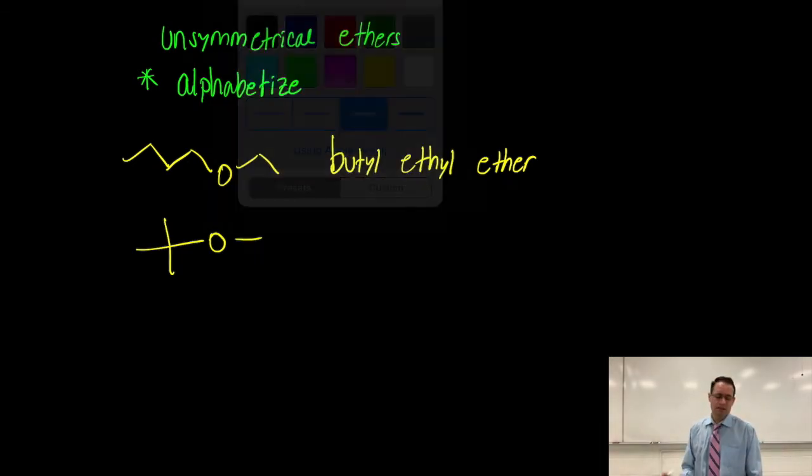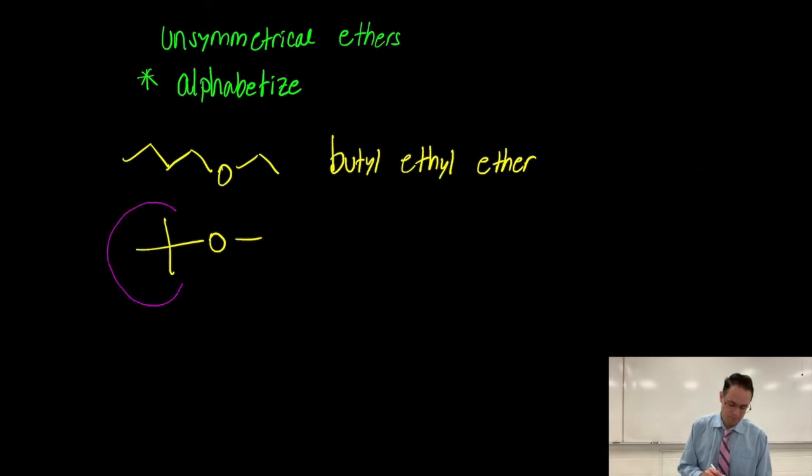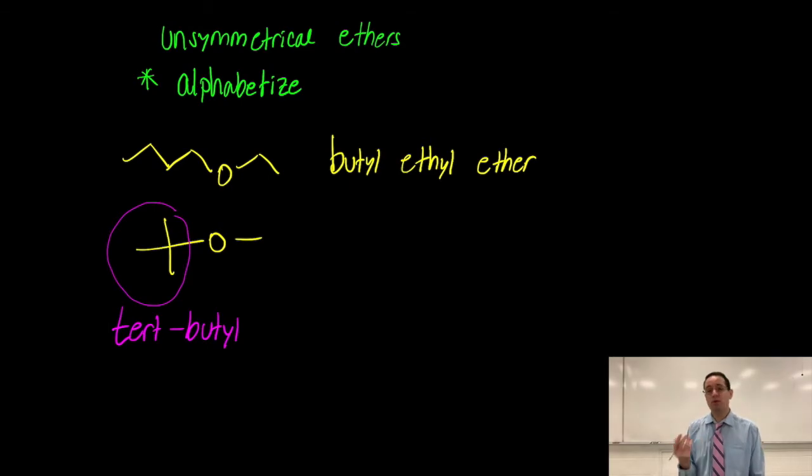This guy here has a tert-butyl group. It's always confusing for me even to remember that you alphabetize tert-butyl based on the B of the butyl group. Okay? And on the right, we have a methyl group.